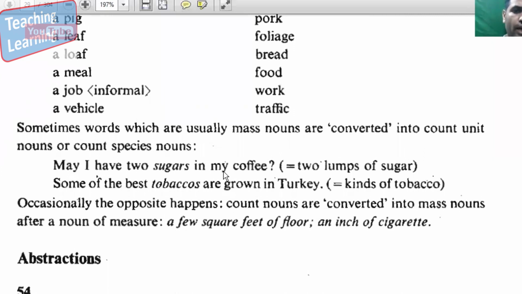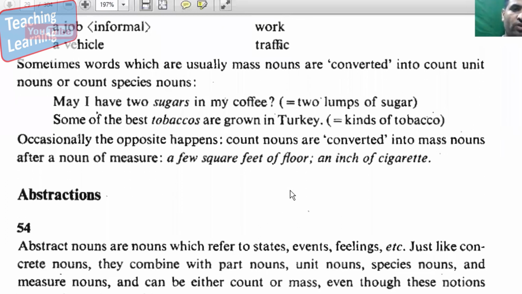Sometimes words which are usually mass nouns are converted into count unit nouns or count species nouns. May I have two sugars in my coffee, meaning lumps of sugar. Some of the best tobaccos are grown in Turkey.